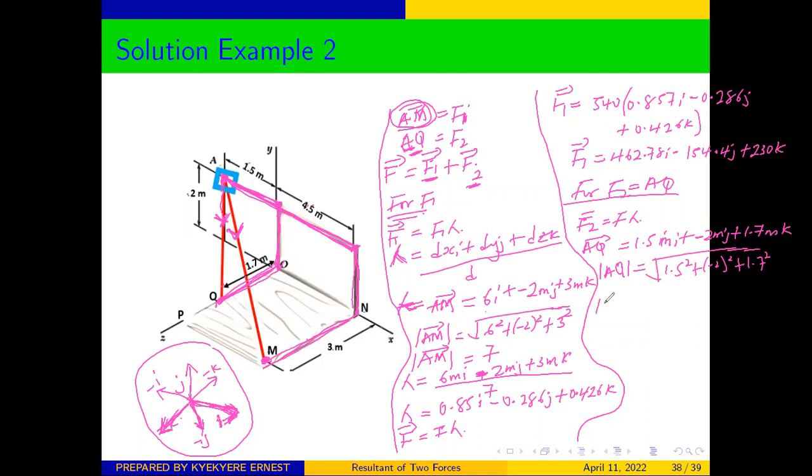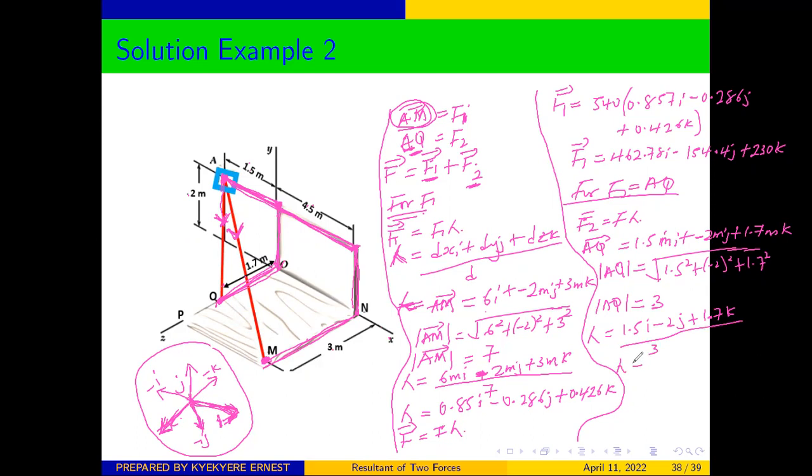And from here, our AQ will be equal to 3. And from there, we can get our lambda as all what is here over 3, which will be 1.5 i minus 2j plus 1.7 k all over 3.